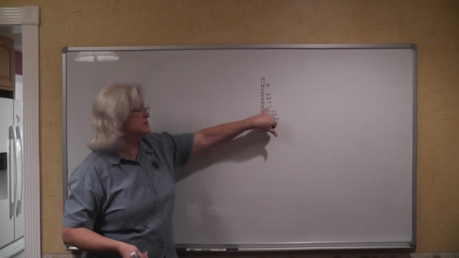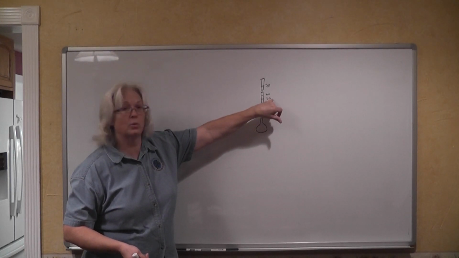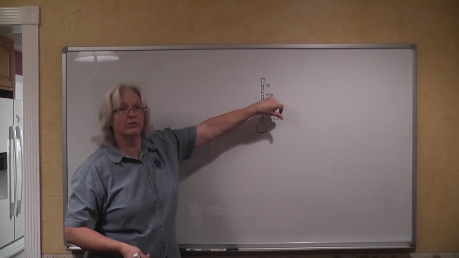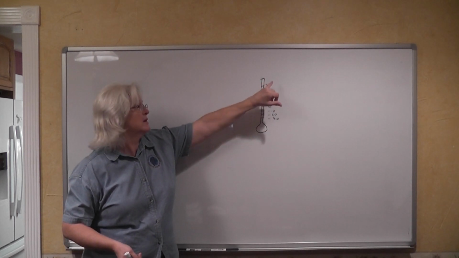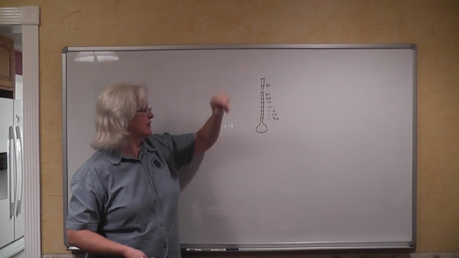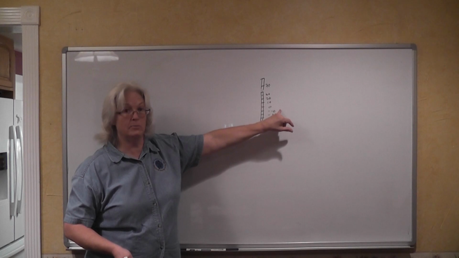Here is 0, so that's 0 degrees. 10 degrees, 20 degrees, 30 degrees. I've got my thermometer broken, meaning that the scale is different. It goes on up to 70, 80, 90, 100. Below 0, we have 10 below.